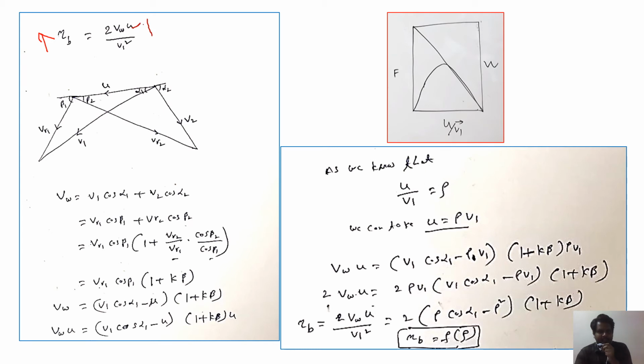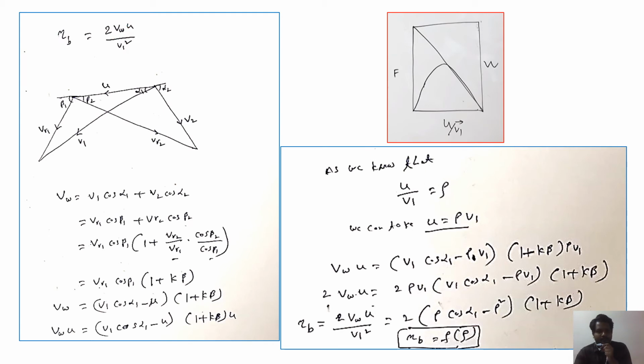By increasing the blade velocity we can increase the efficiency. Generally, if we increase the U by V ratio, we can increase the blade efficiency. That we will see in this slide, how to increase the blade efficiency.